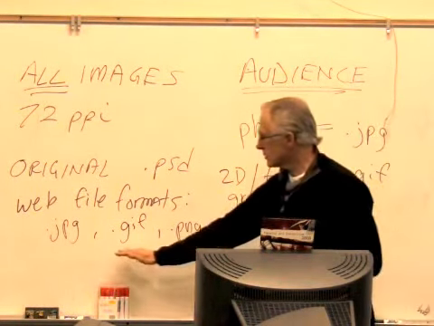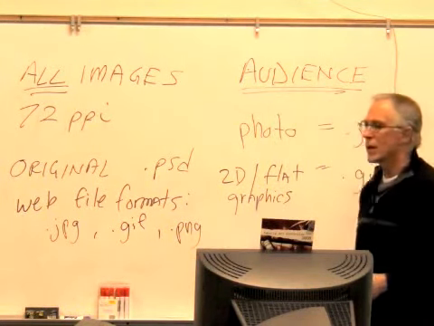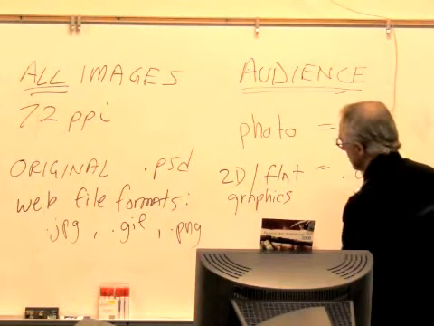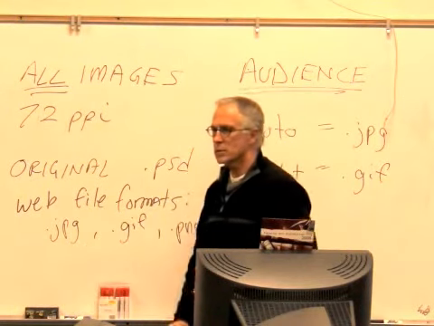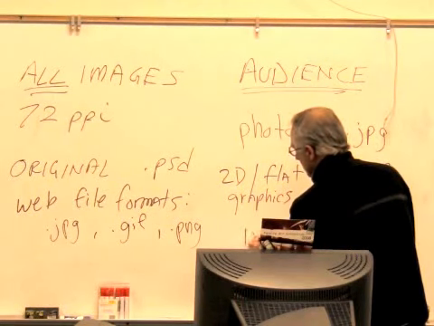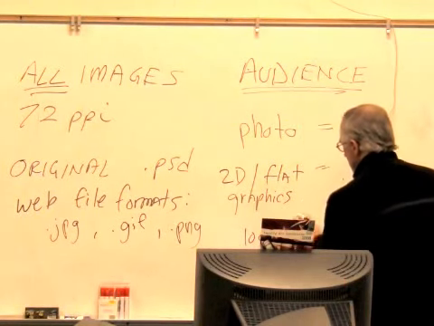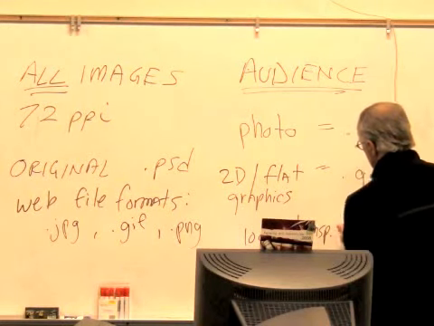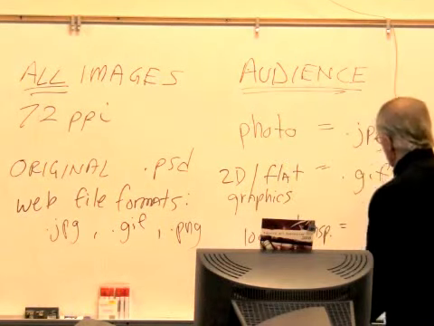You're going to want to use either GIF or PNG mostly if you have any parts of your image that are transparent. These two file formats support transparency and JPEG does not. So if I have an image, or parts of it, that are 100% transparent, because GIF only supports 100% transparency, then I would want to use a GIF.